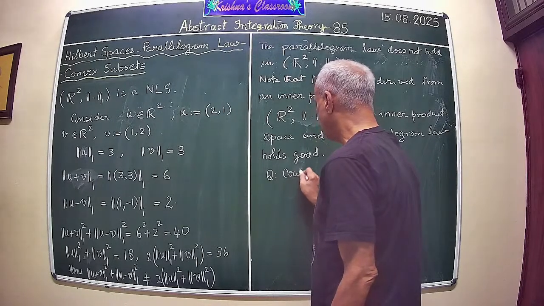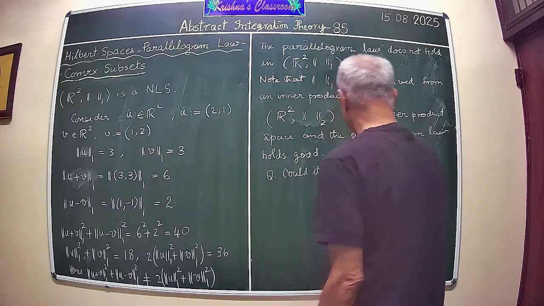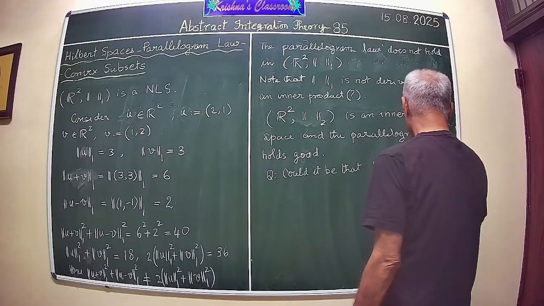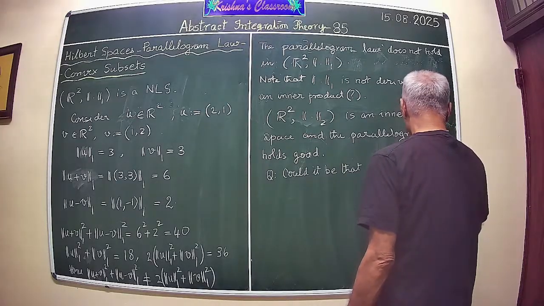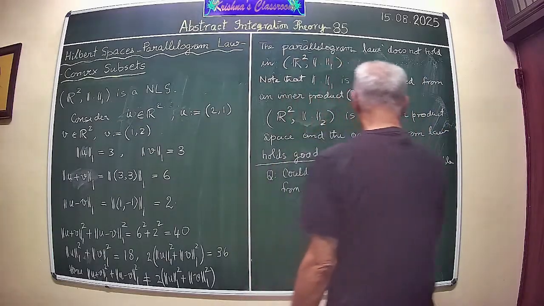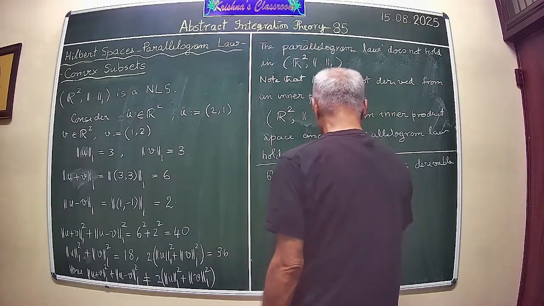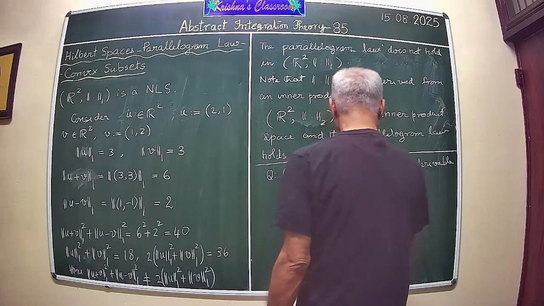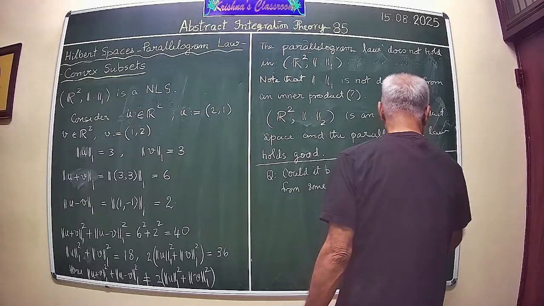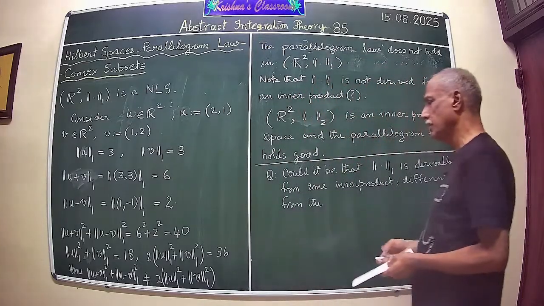Could it be that norm 1 is derivable from some inner product different from the usual one?